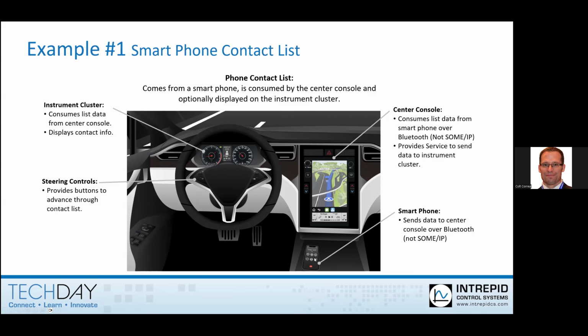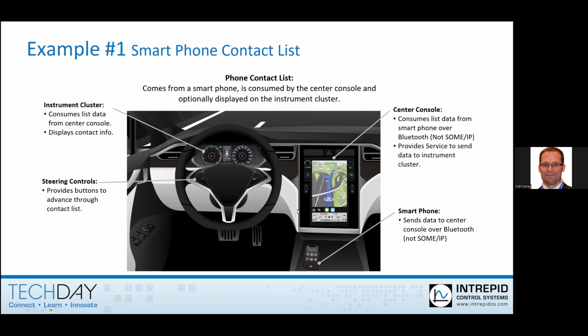But one of the features of Bluetooth is that the center console often has the ability to consume an entire contact list, a list of people or companies that you could call on the phone. And so if we get into a vehicle, the contact list gets consumed into the center console, and the center console has the ability to use the contact list directly itself.